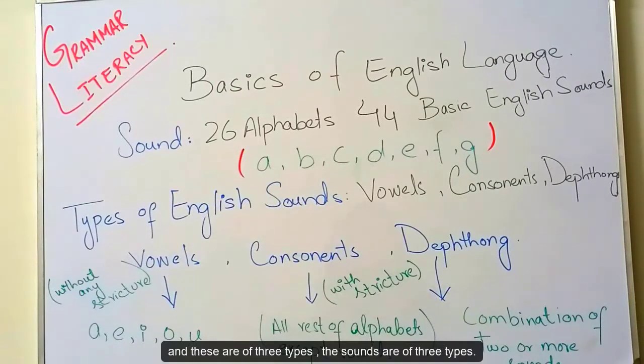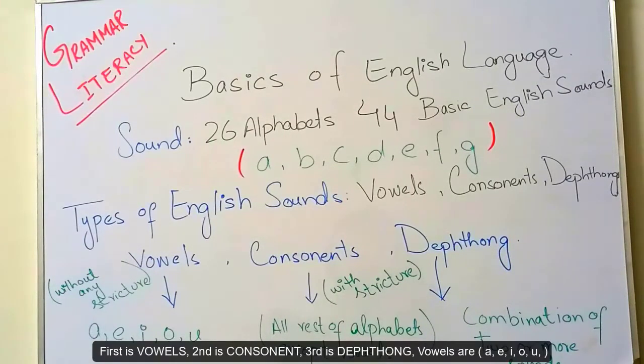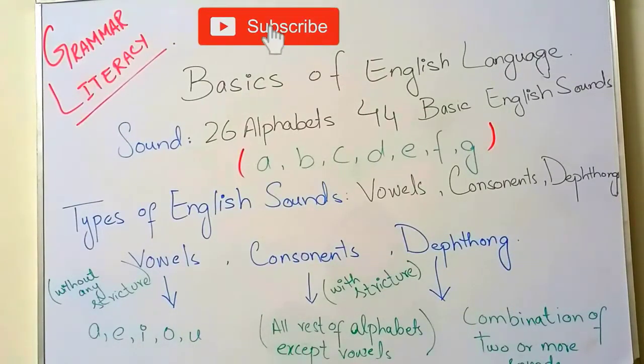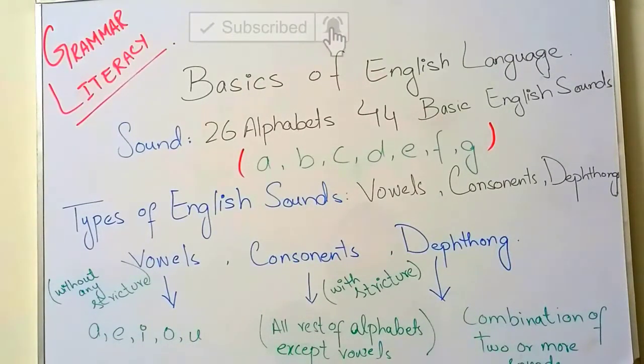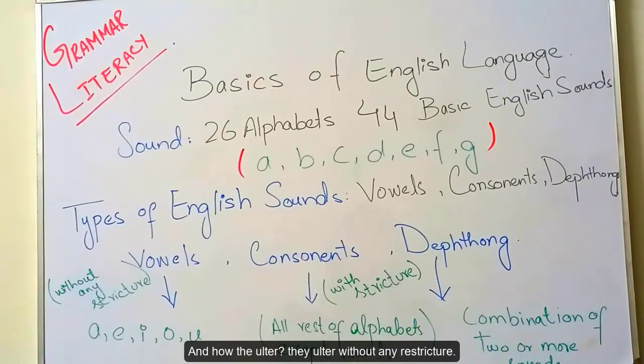And these sounds are of three types. First is vowels, second is consonants, third is diphthongs. Vowels are A, E, I, O, U. Basic alphabets A, E, I, O, U. And how do they utter?